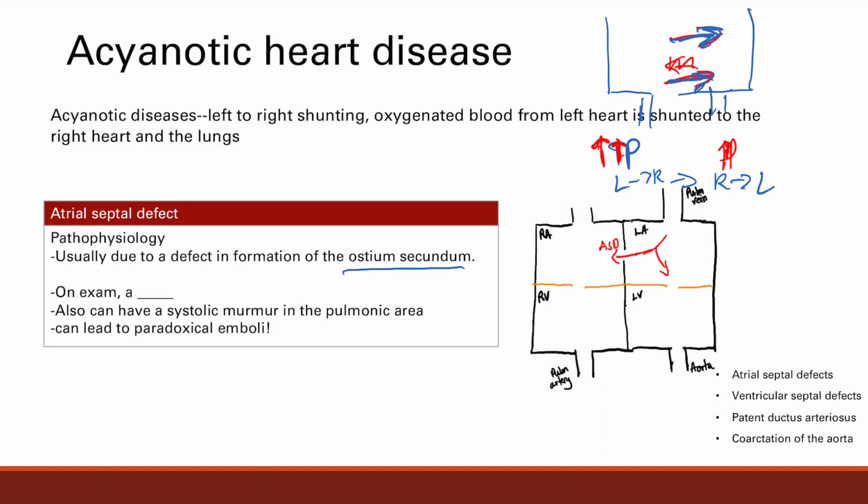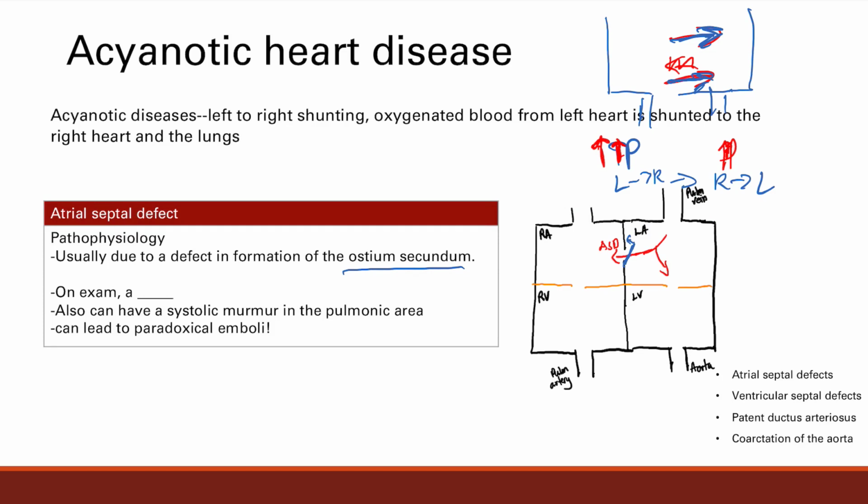It's a hole between the two atria, allowing blood to flow between them. The key difference in the ASD is that septal tissue is missing. There's a defect in the formation of the ostium secundum, so septal tissue is missing. In a patent foramen ovale, the only problem is that the valve flap covering the hole fails to close and fuse. Remember, we had that valve flap, and it fails to go this way and close.